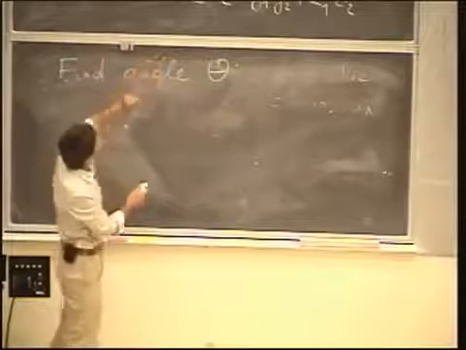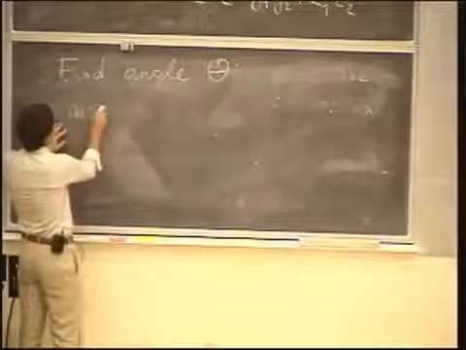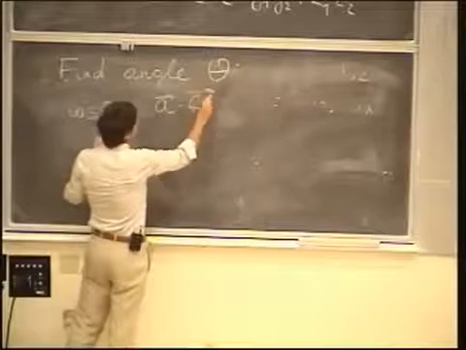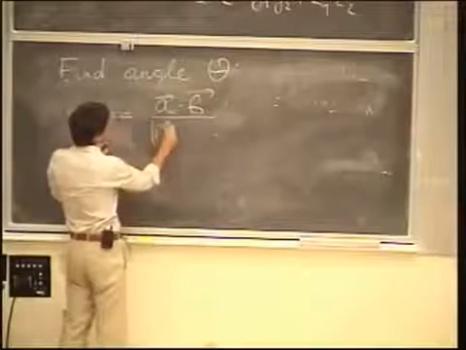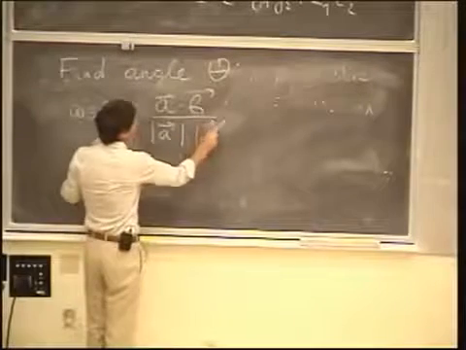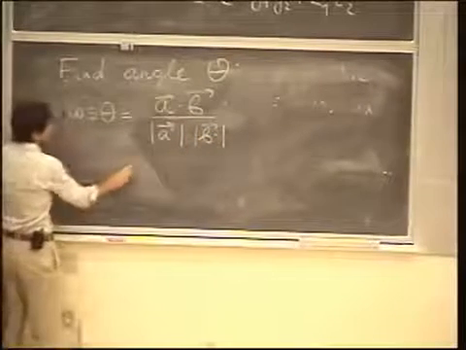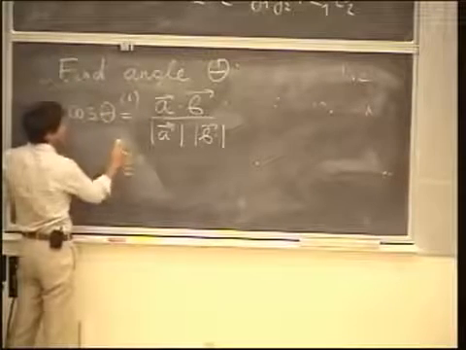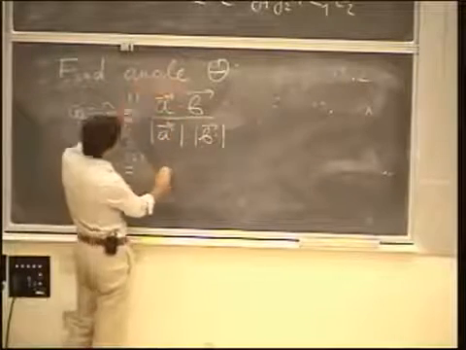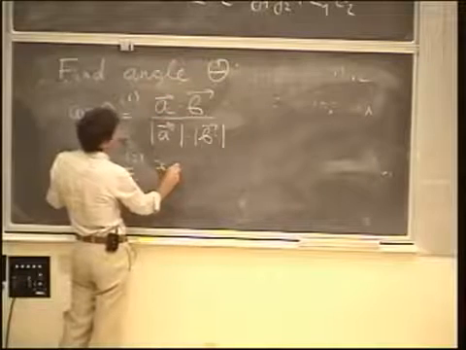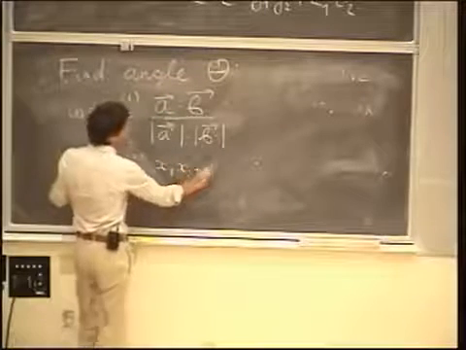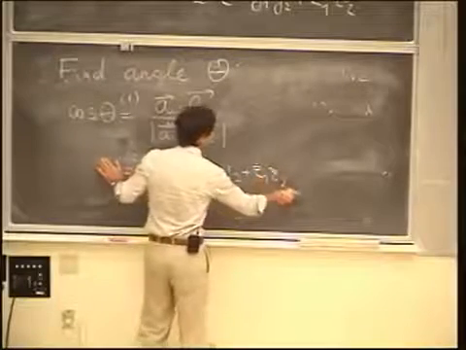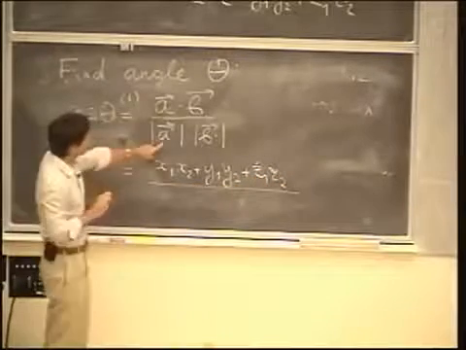From the first formula, we learn that the cosine of this angle is equal to the dot product divided by the magnitudes. And now we use the second formula to write this as x1 x2 plus y1 y2 plus z1 z2, divided by the lengths.